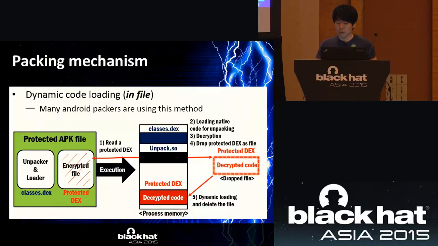And then the decrypted Dex is stored to a temporary file. After that, the loader in classes.dex loads the decrypted Dex that was just stored to file temporarily through functions for dynamic code loading, like DexClassLoader and PathClassLoader. And at last, the decrypted Dex file is removed. A lot of Android packers are employing this mechanism.